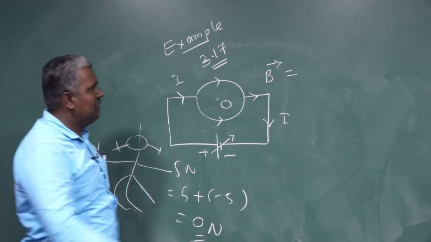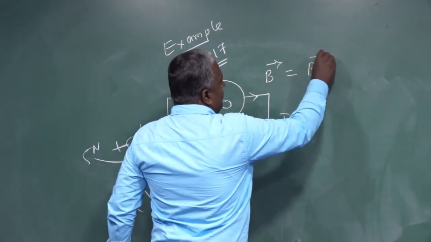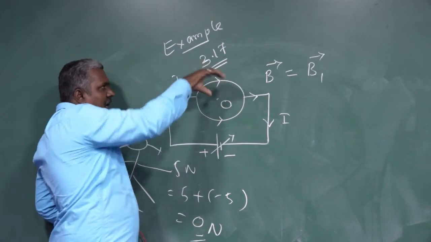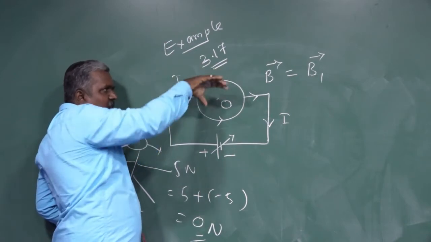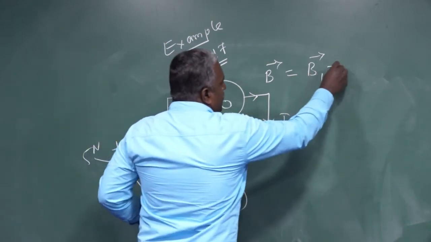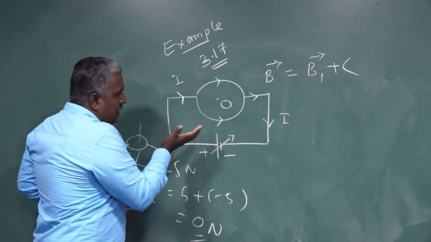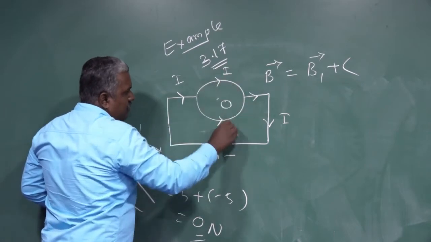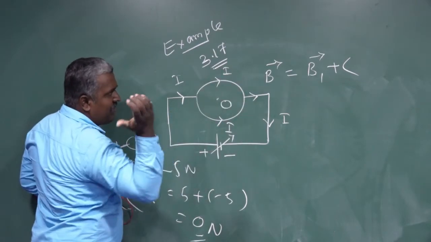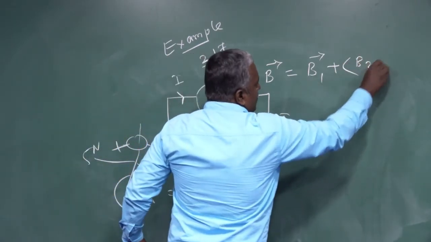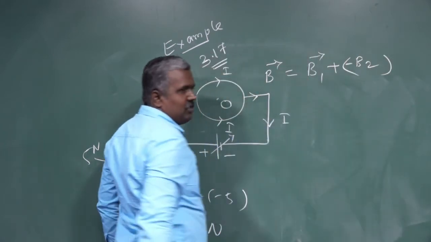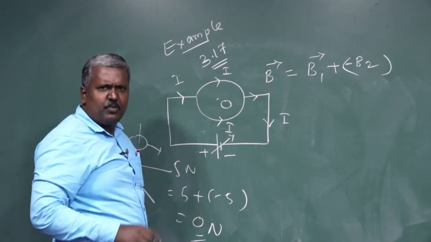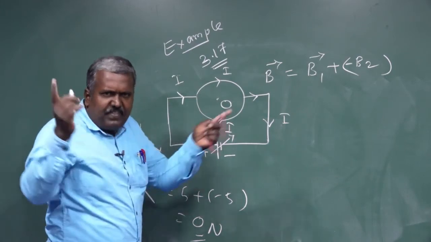Like this. The total value: B1 vector due to the current flowing through this coil, plus B2 due to the current flowing through the lower hemisphere away from the board, but with a minus sign. The magnitude is the same but the direction is different.